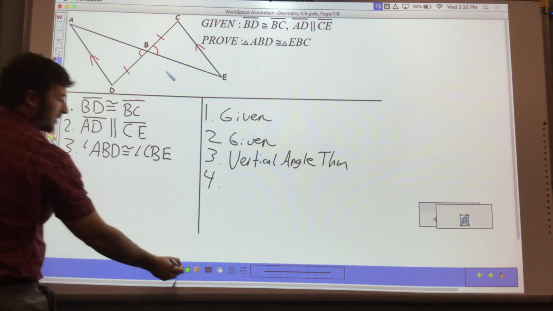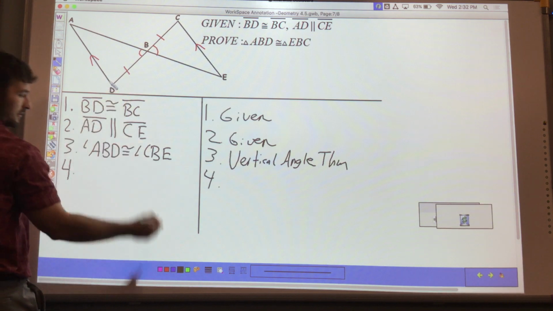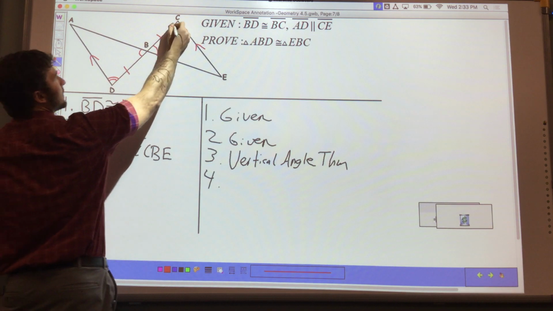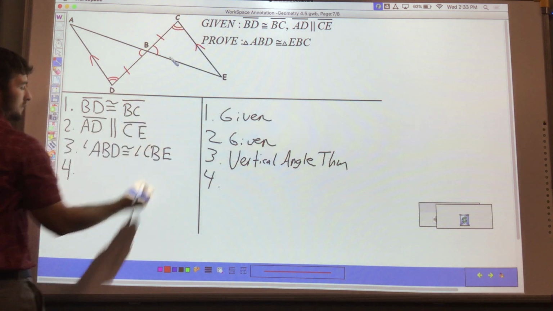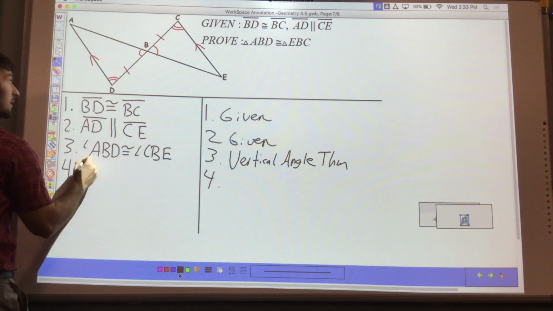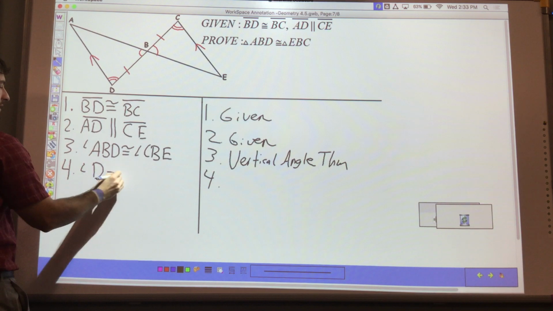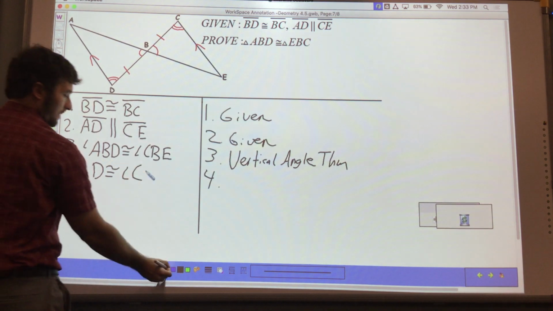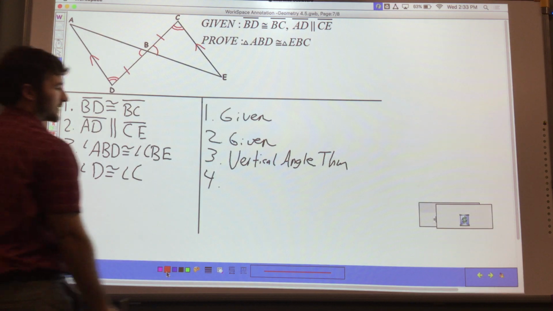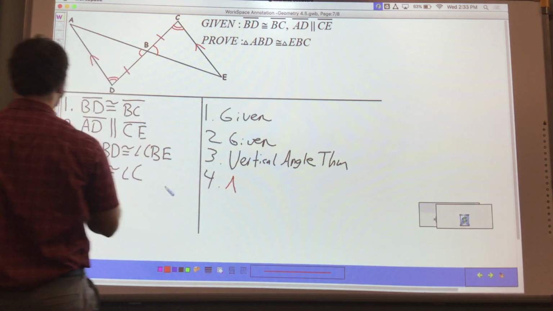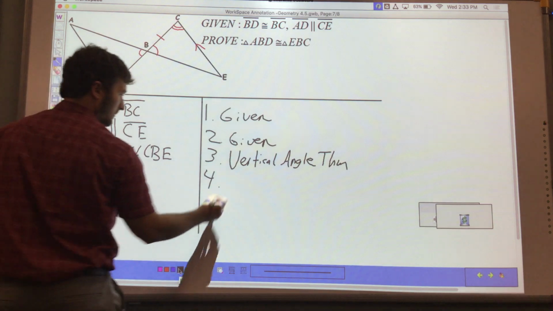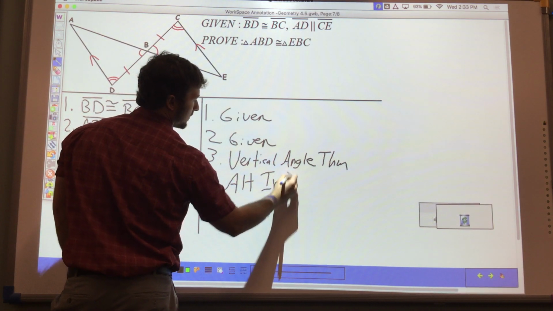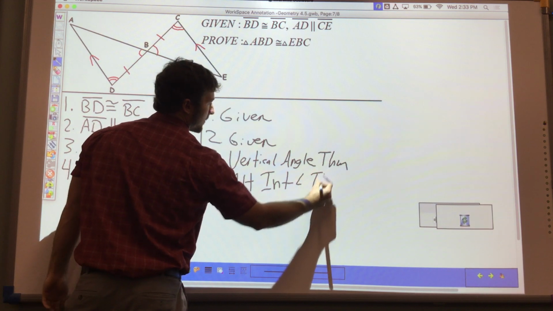So I'm going to use angle D and C. So step 4, angle D is congruent to angle C. And that's going to be your alternate interior angle theorem.